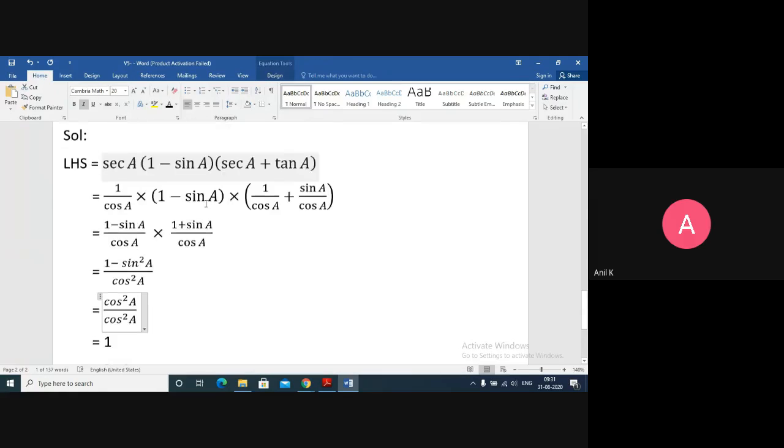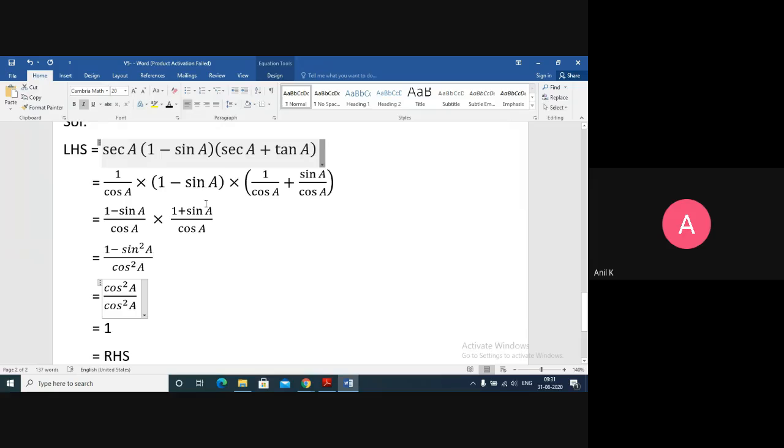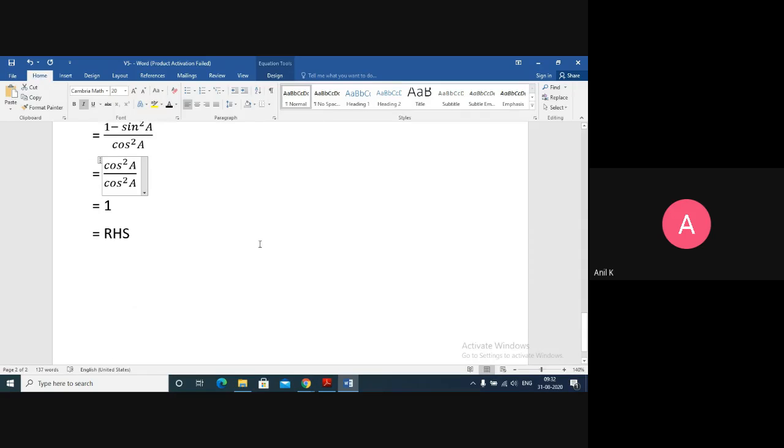This example clear? So in this example, what I have done is I converted everything in terms of sine and cos wherever it is required. Sec I converted as 1 upon cos, and I have written as sine and cos. After converting, then I use all the trigonometric formulas, algebraic formulas.